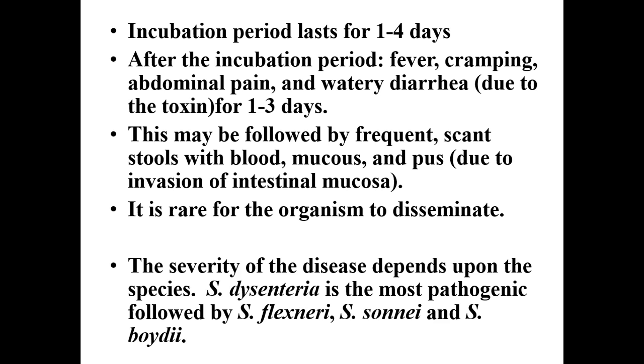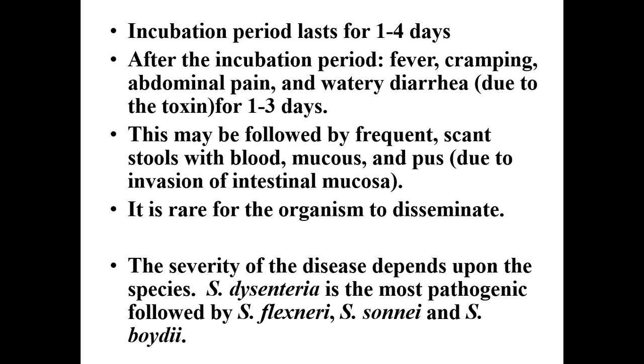The incubation period lasts from 1 to 4 days. After the incubation period, fever, cramping, abdominal pain, and watery diarrhea for 3 days. This may be followed by frequent scant stools with blood, mucus, and pus due to invasion of the intestinal mucosa. It is rare for the organism to disseminate.